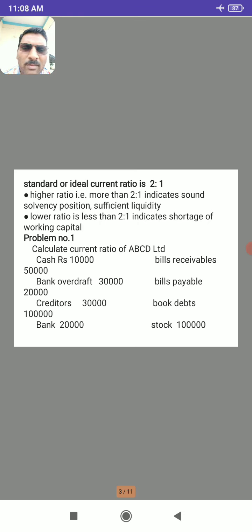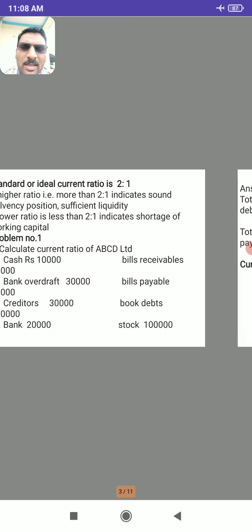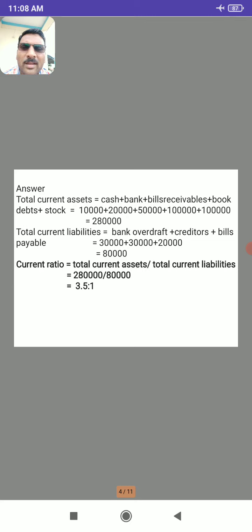First we find the total current assets and total current liabilities. Total current assets means cash plus bank plus bills receivable plus book debts and stock. After adding 10,000 cash, bank 20,000, bills receivable 50,000, book debts 1 lakh and stock 1 lakh, we get 2,80,000 as current assets.